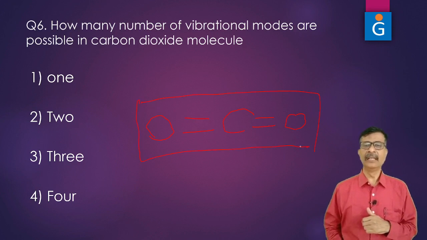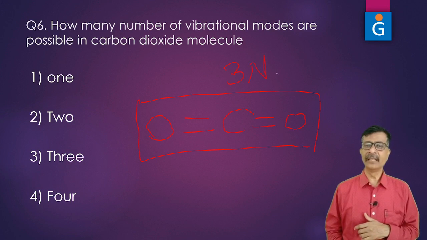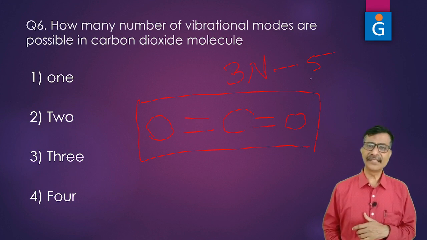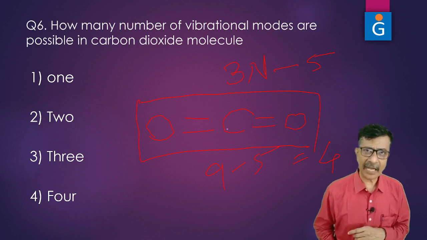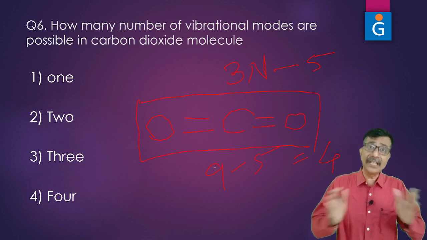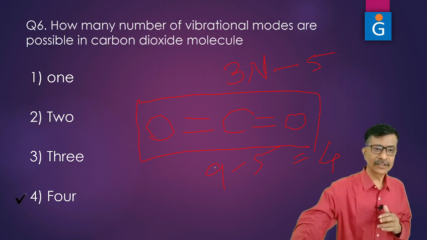And as per the earlier equation, in case of linear molecule, the number of possible vibrational modes is given by 3n minus 5. That is 9 minus 5, which is equal to 4. So in case of carbon dioxide, because it is a linear molecule, the number of vibrational modes comes to be 4.